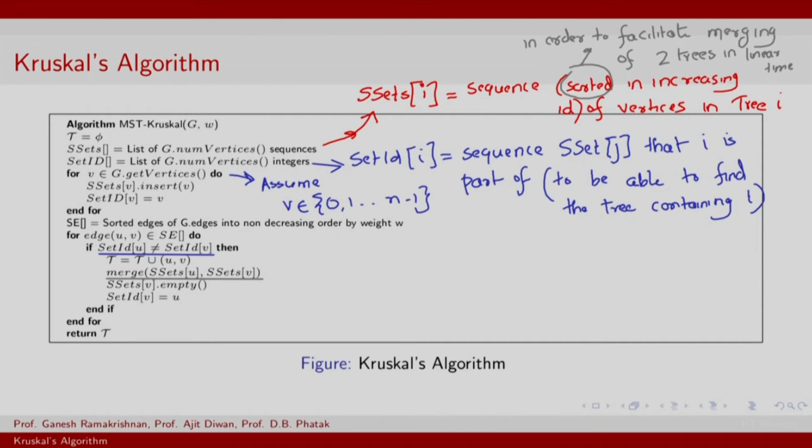So we are going to insert v into the set v, that is the only element of that tree. These are basically the singleton trees, and we also set the set corresponding to v to v itself. Next we sort the edges of G dot edges into non-decreasing order by weight w. This is going to help us in our greedy selection strategy.